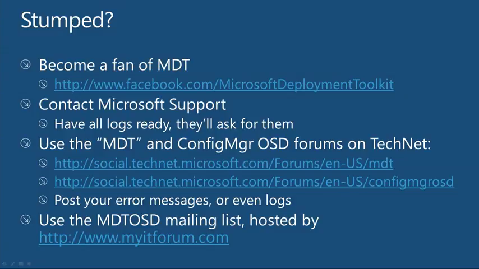I'm struggling for questions. What's the name of the kit that contains trace32.exe? SMS Toolkit, close enough. I think it's now called the Config Manager Toolkit, but same idea. And last question.